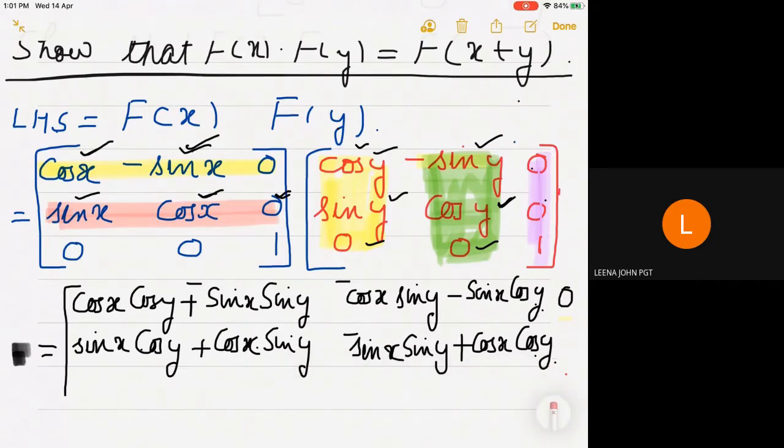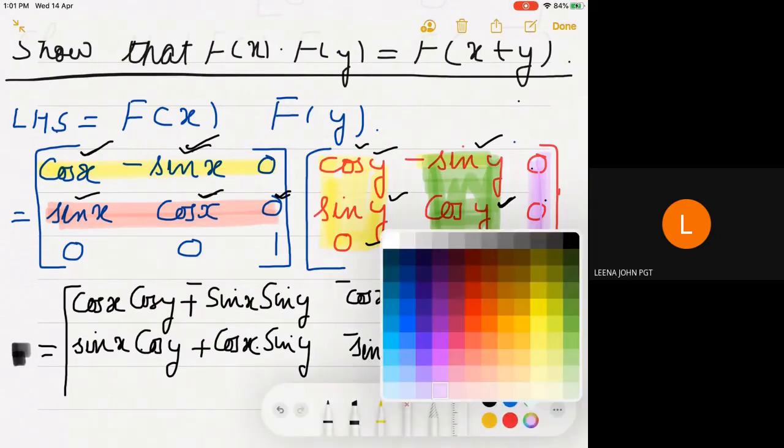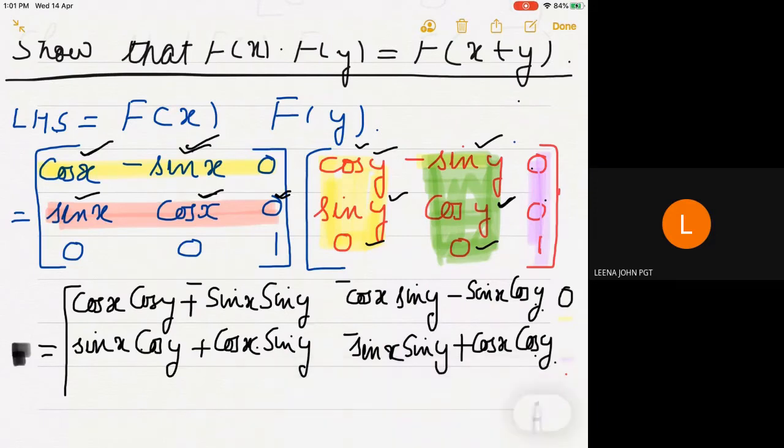Again, the second row, you have to multiply with the third column. We can see that sin x into 0 plus cos x into 0 plus 0 into 1, and finally you are getting here the last element as 0. Now the second row is over.